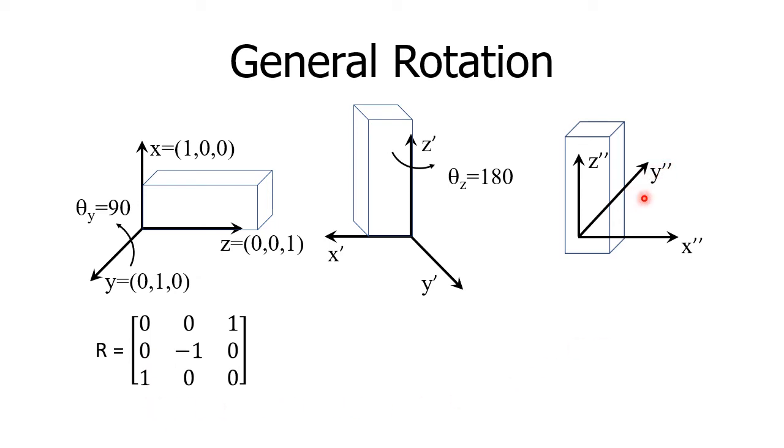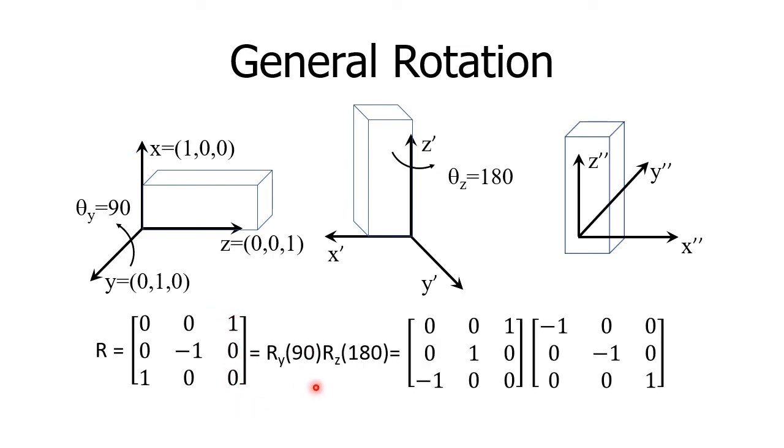The second one we check is the Y double prime. Y double prime is in line with Y, but in the opposite direction, so you're getting 0, minus 1, 0. The last one we check is the Z double prime. Z double prime is in line with the X, so you're getting 1, 0, 0.